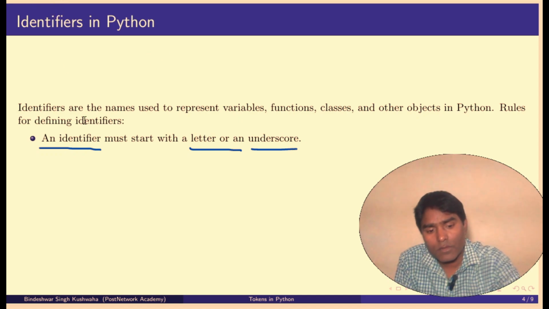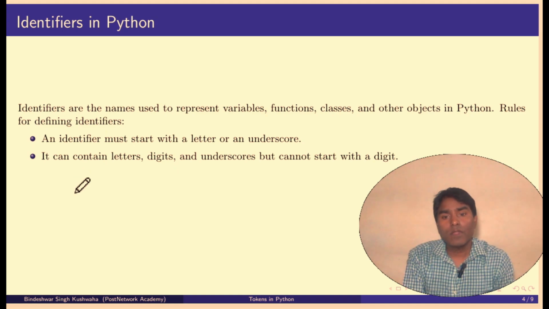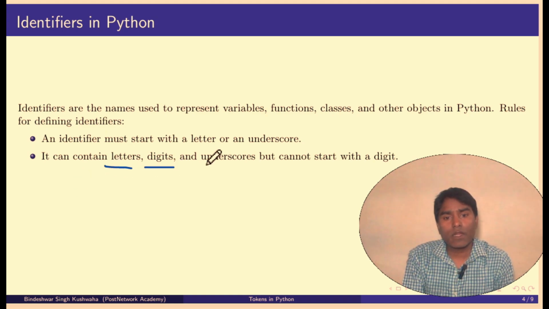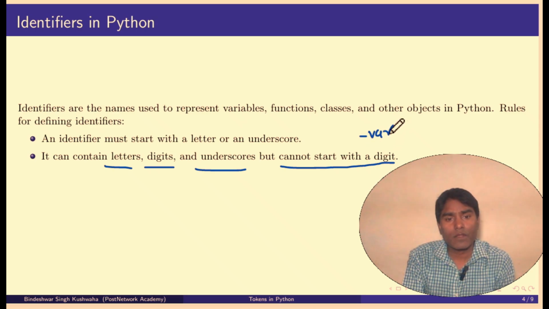Second rule, it contains letters, digits, and underscore but cannot start with a digit. That means if I write underscore where, according to the first rule that is a valid identifier.